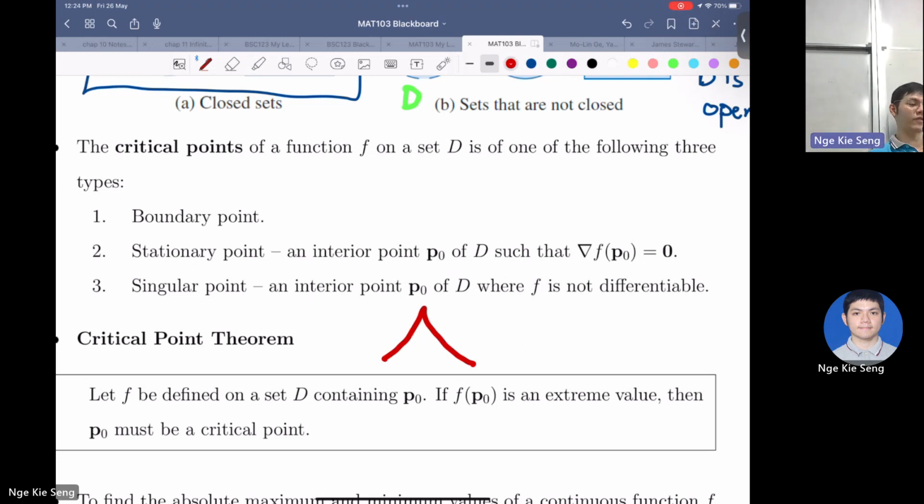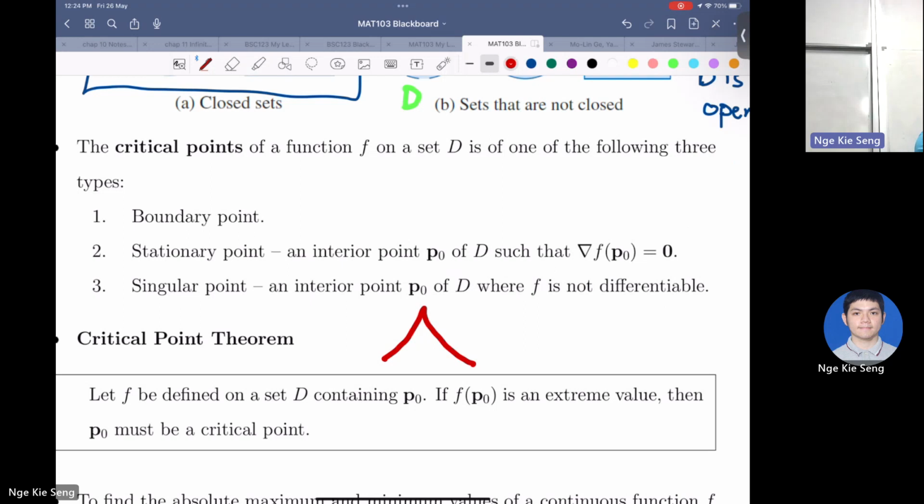If you want to find a local maximum or absolute maximum, then p naught must be one of these critical points. Either it reaches highest at the boundary, or at a stationary point within the interior where the gradient is 0, or the point is not differentiable within the interior.